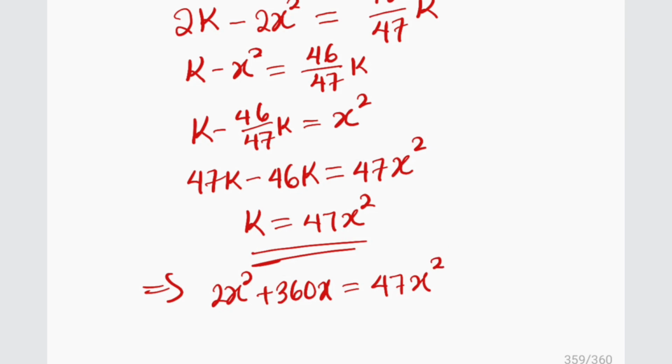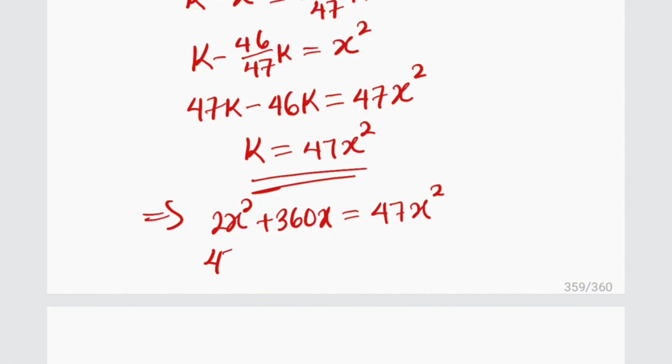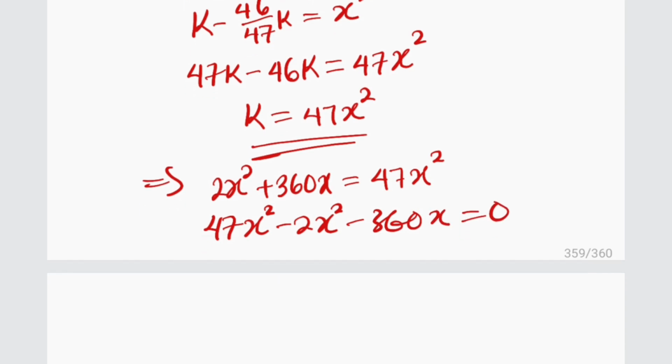Now let us collect the like terms together. We have 47x squared minus 2x squared minus 360x equals 0. So 47 minus 2 is 45. 45x squared minus 360x equals 0.